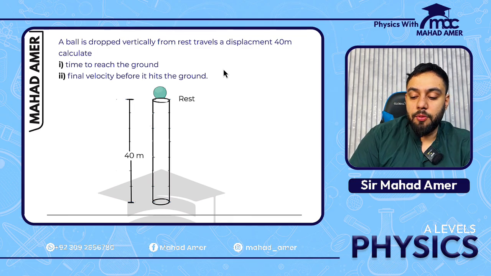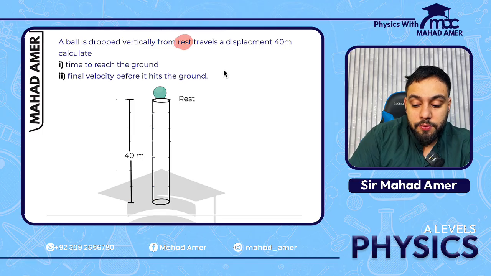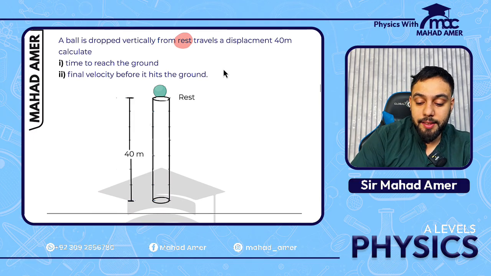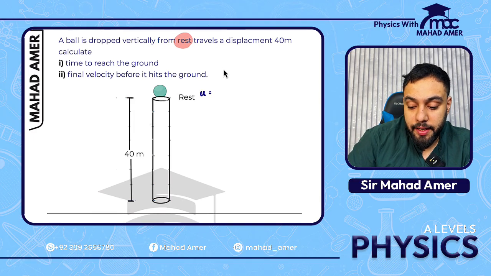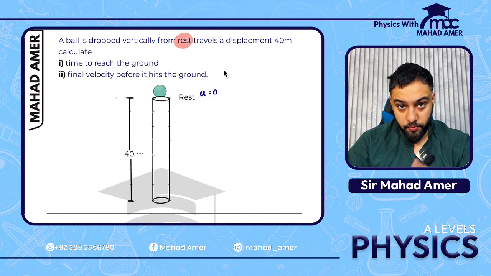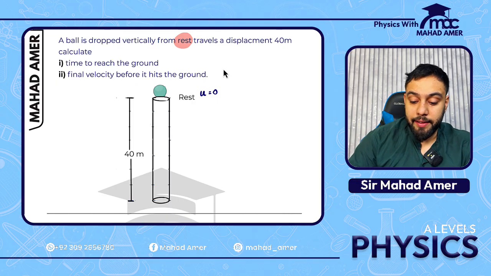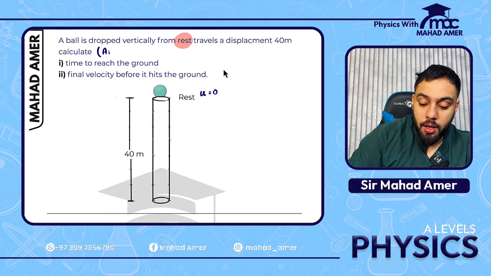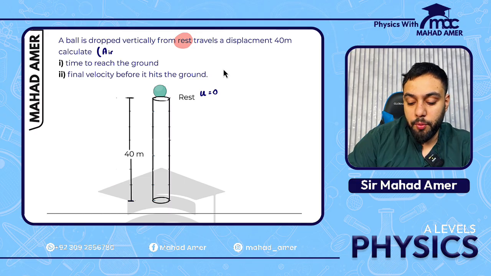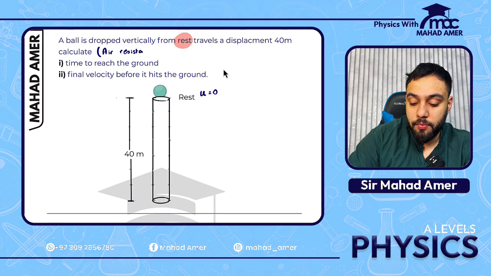A lot of the times you need to realize if the ball starts from rest, this means that initial velocity is 0. And in this question, mostly they will be giving you that air resistance is negligible.